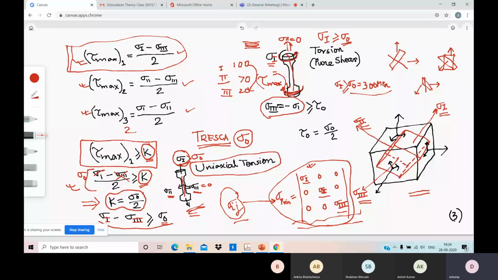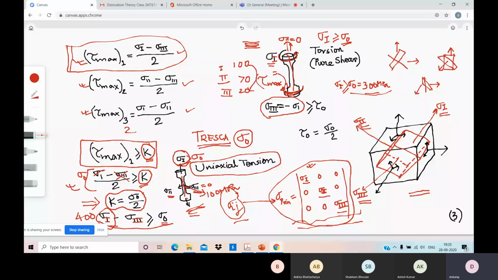Suppose I apply a sigma 3 in the positive direction with a value of 100 MPa. What will happen? Suppose in this direction I am additionally applying a stress of 100 MPa. Then what sigma 1 do you need to reach to cause yielding? Sigma 1 minus 100 should exceed 300. So sigma 1 now increases to 400 MPa.